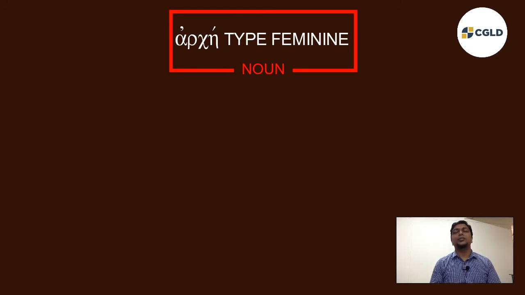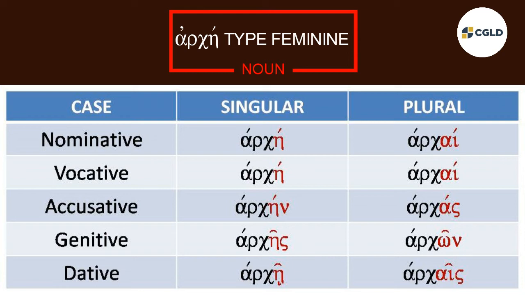Here's the table. Let me go through the table for you. Nominative singular arche, nominative plural archai, vocative singular arche, vocative plural archai, accusative singular archen, accusative plural archas, genitive singular arches, genitive plural archon, dative singular arche with an iota subscript below the eta, dative plural archais.